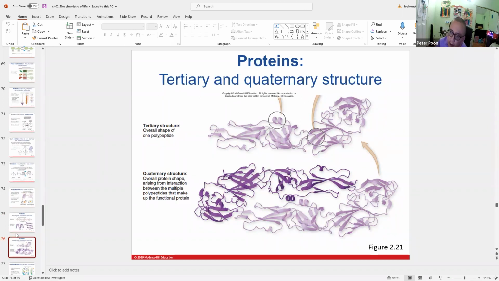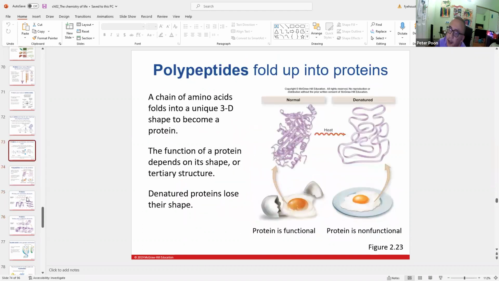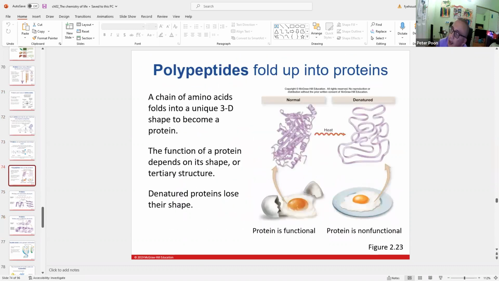If I take this structure right here and I unfold it, unravel it, I can screw it up. You see that the beta sheets are here, and the alpha helixes are here.